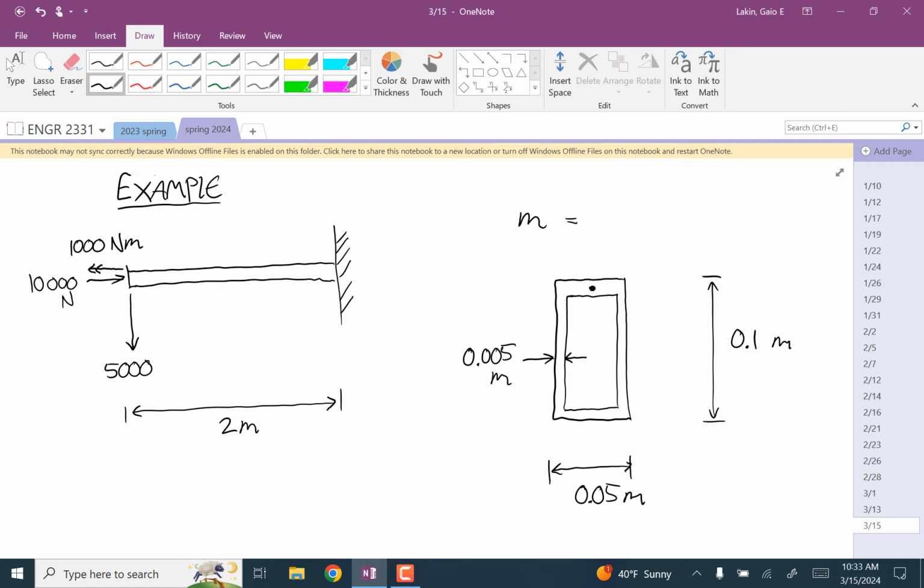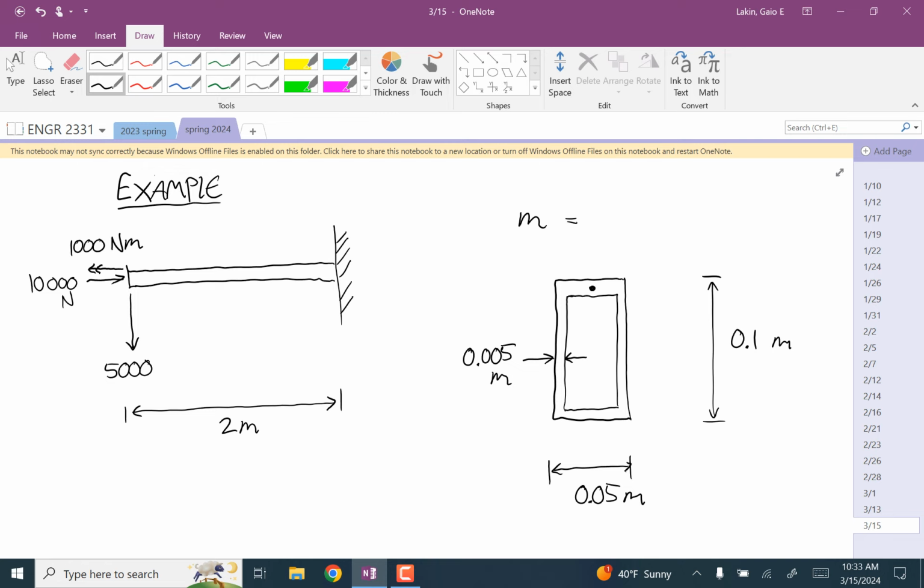Okay, so this material is, let's say, steel. Steel has a density of about 7,000 kilograms per cubic meter. So let's calculate the volume of steel we have and see what the mass would be.